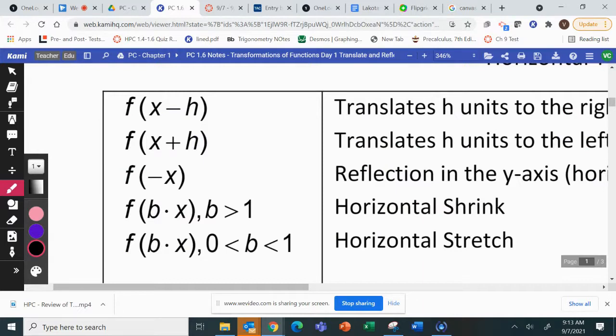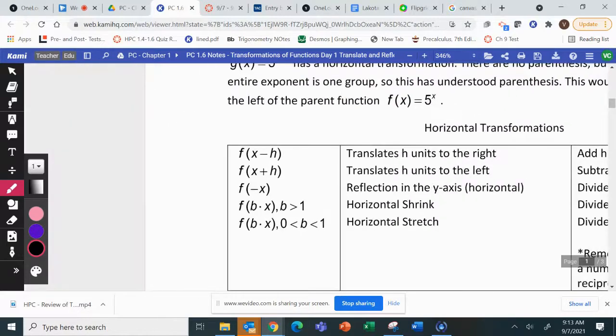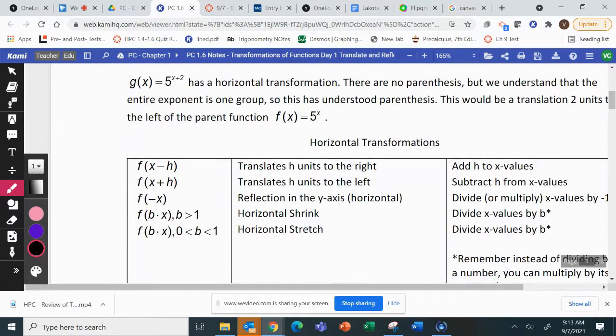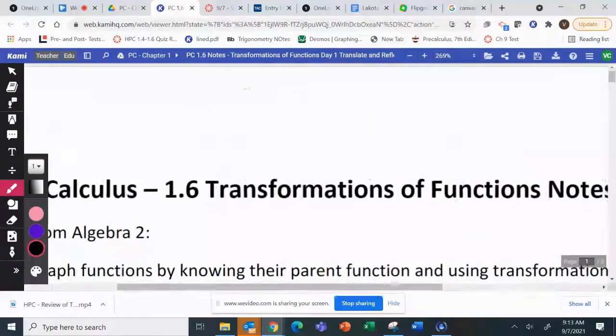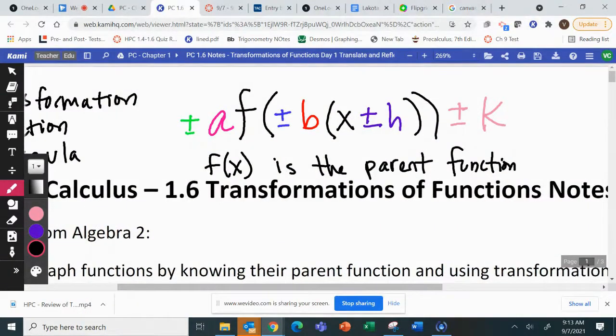We've got b times x and 2 different versions of b times x. So we've got all these different possible transformations. And then if you look back at my original formula here, we have the b and the h in this formula. So anything that's in the b spot or the h spot, those are all horizontal transformations.